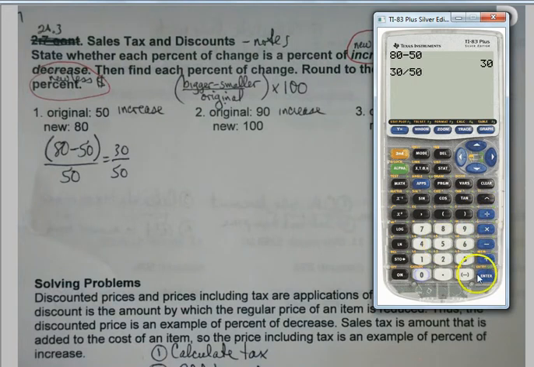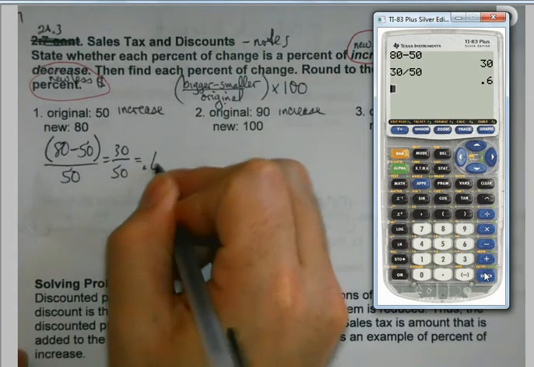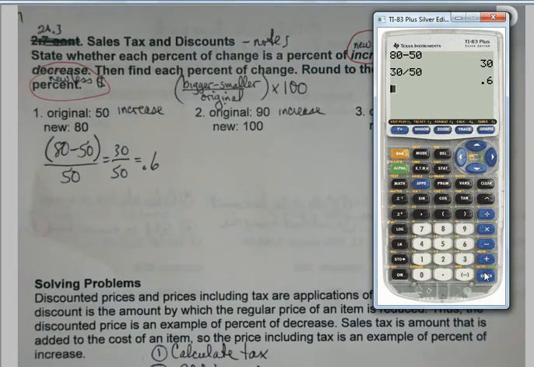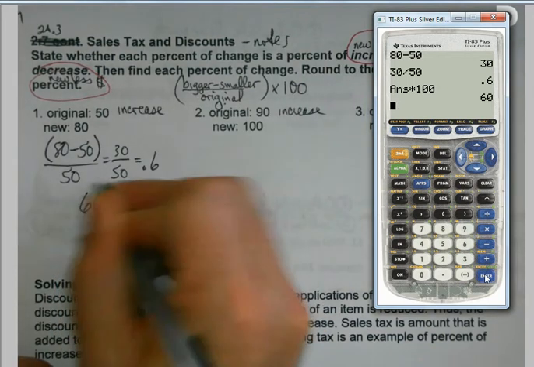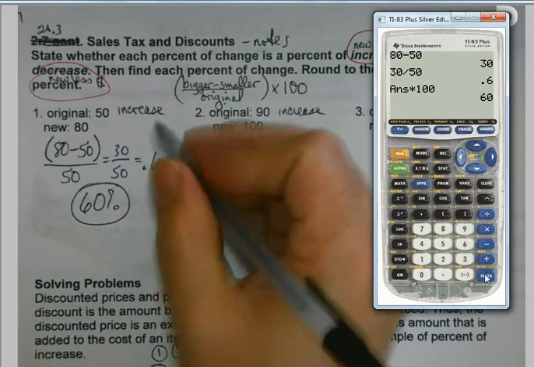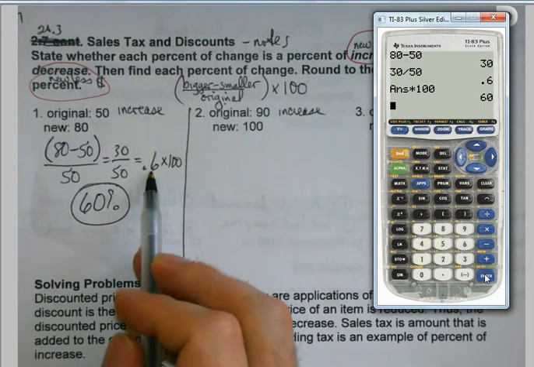Then I do 30 divided by 50. And here's what I was talking about with this being a decimal. When I multiply this out, I get 0.6, but 0.6 isn't the percentage that it went up in price. To get the percentage, I move the decimal place to the right, or I multiply by 100. You multiply by 100 when you get to the very end.